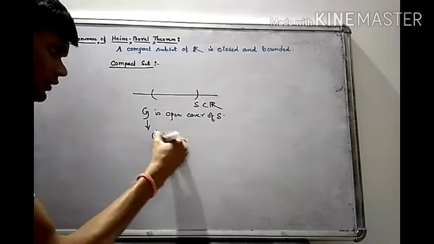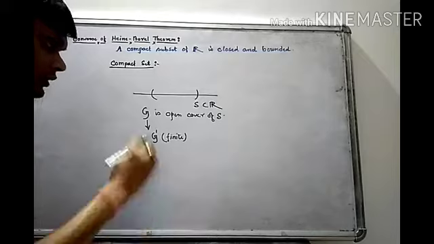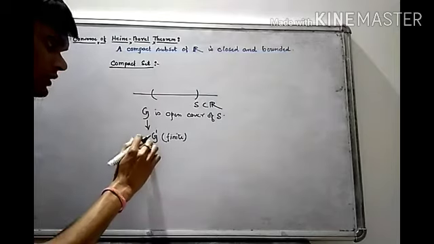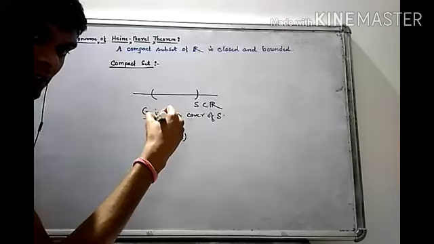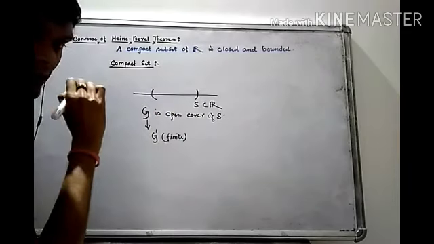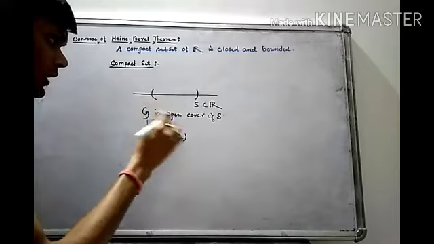If this G prime, the finite subcover, is also a finite subcover of S, then that S is said to be a compact set. Clear?